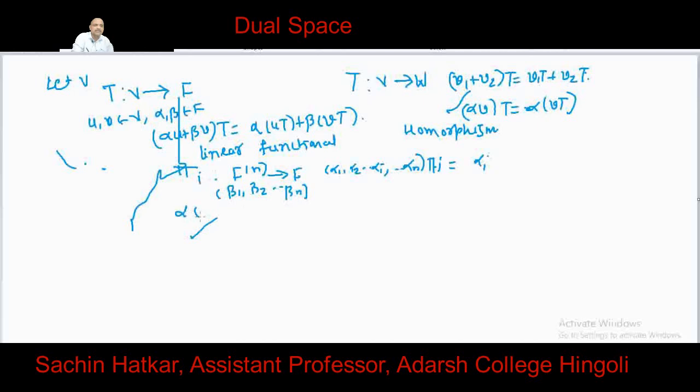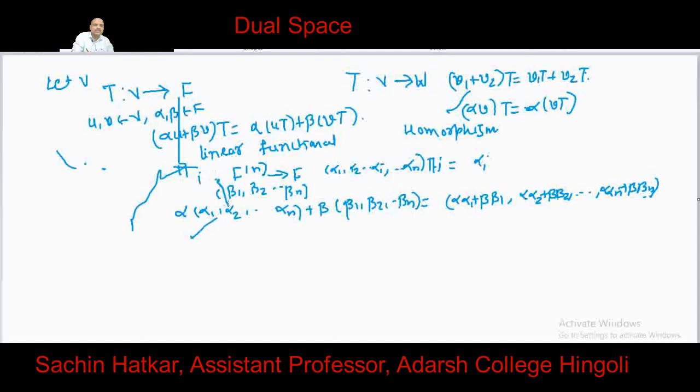Then alpha times (alpha 1, alpha 2, ..., alpha n) plus beta times (beta 1, beta 2, ..., beta n) equals (alpha alpha 1 plus beta beta 1, alpha alpha 2 plus beta beta 2, ..., alpha alpha n plus beta beta n).